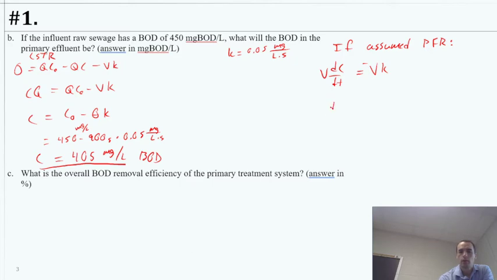So we would have just simply that. So C minus C naught, once we integrate, equals negative K T, where T is theta.